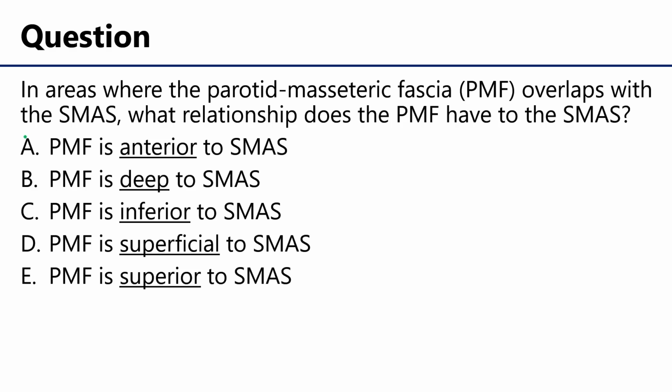Well, nope. At best, it's posterior or lateral to the SMAS. Is it deep to the SMAS? Yeah, that's pretty good. My understanding is that the SMAS overlaps the PMF in areas where they are coincident.